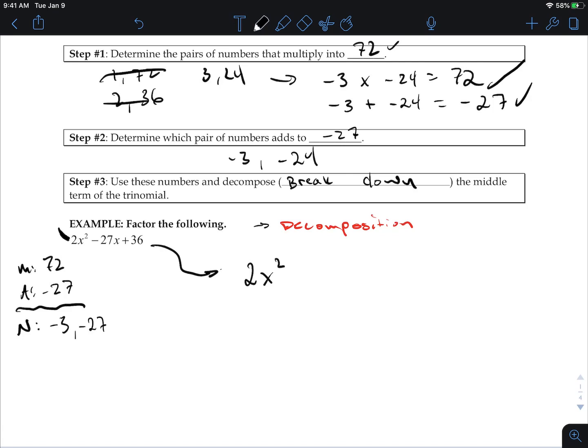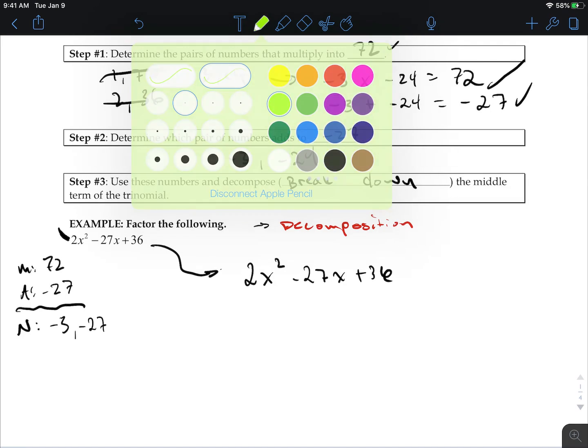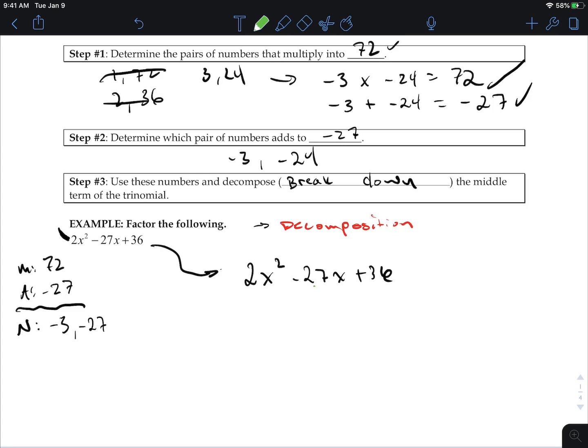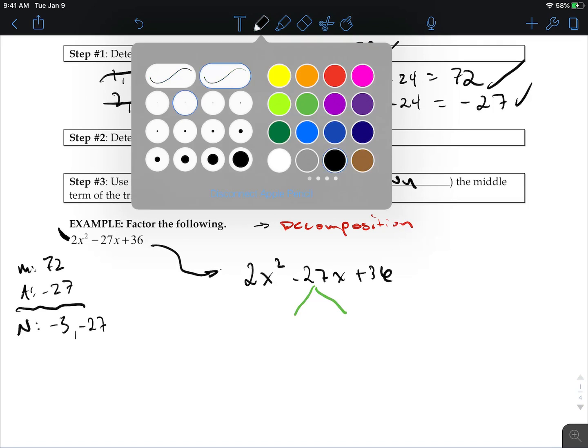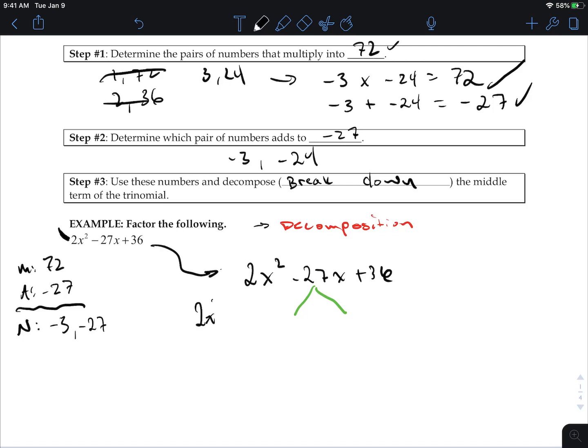Okay, so I'm just going to rewrite this here so everybody can see what I'm going to do. Okay, so 2x squared minus 27x plus 36. I just rewrote the question. Now, decomposition is telling me to break apart the middle term. That just means I'm going to leave everything else in their spots.